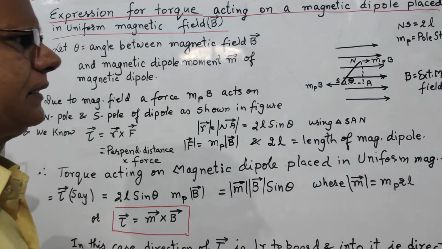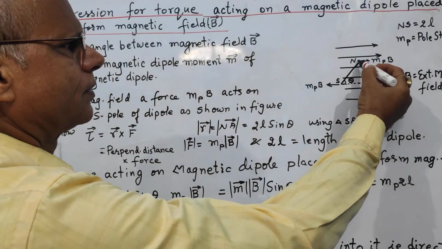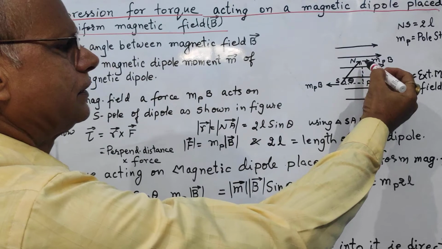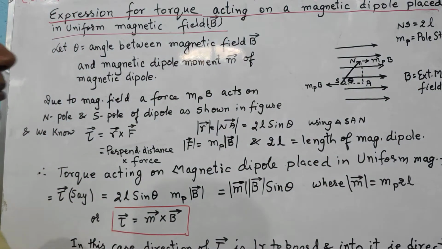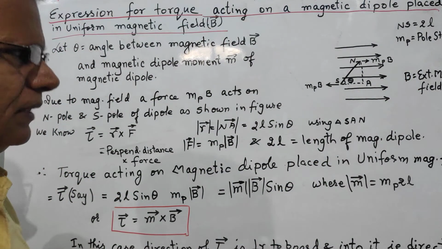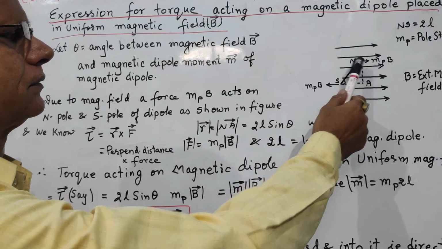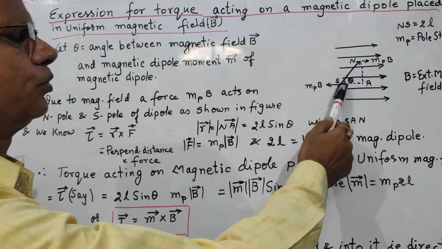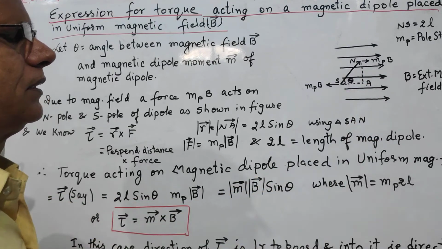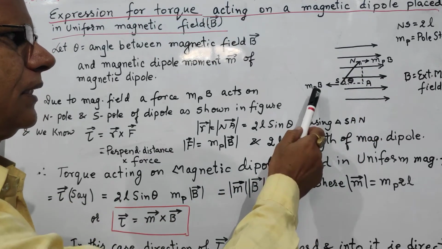NS is representing the direction of the magnetic dipole moment, and the pole strength of each pole, south pole or north pole of the magnetic dipole, is taken to be MP.